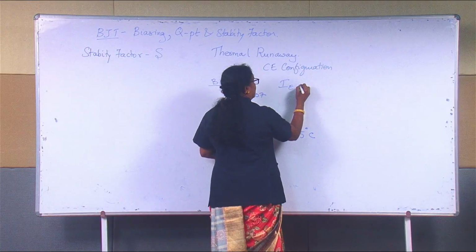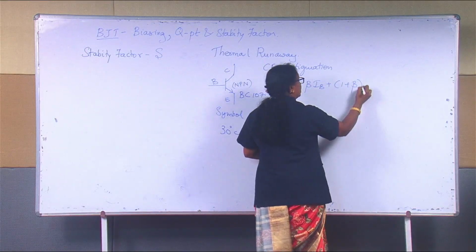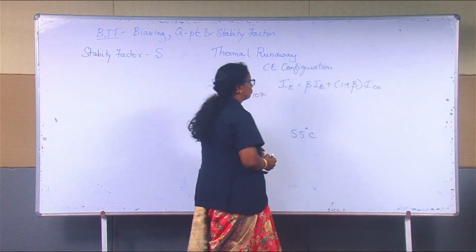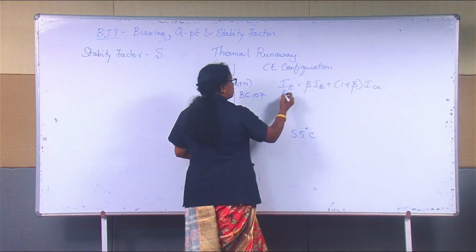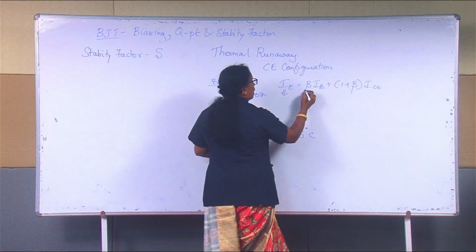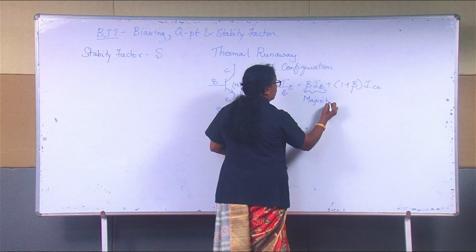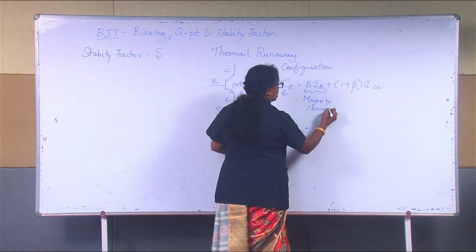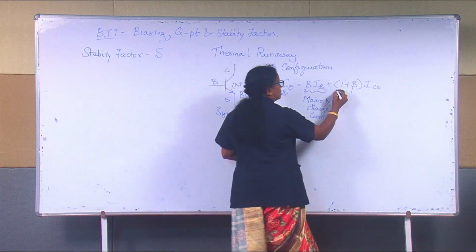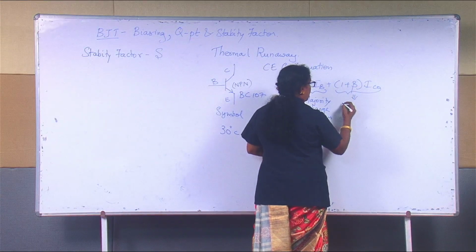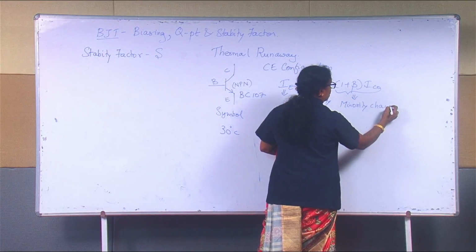So if you take this normal NPN transistor connected in CE configuration, its emitter current is equal to beta times IB plus (1 plus beta) into ICO. So this is my total emitter current, and this is the value of current due to majority charge carriers, which is beta times IB, and this is the current due to minority charge carriers.